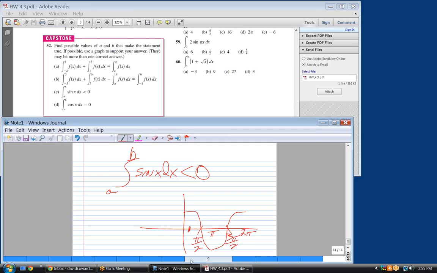And then pi over 2 to 3 pi over 2 would be completely negative. Once again, if we took the whole thing, it's going to be net 0. All this area right here and there adds the same as that. So anywhere we cut off a little bit of the positive, any 2 points that don't go all the way from 0 to 2 pi, cut a little bit off of either end and you have a net negative.